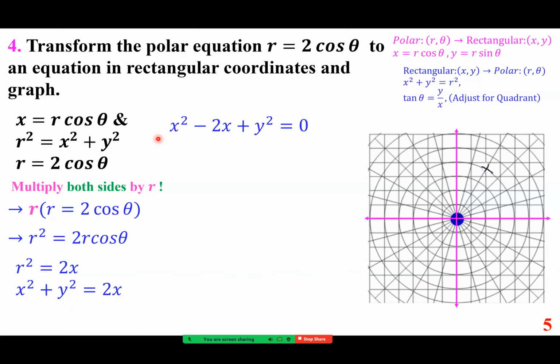So we have this, and as you know, this is b. You want to complete the square, so you divide that by 2. And now you square it, therefore we need a 1.